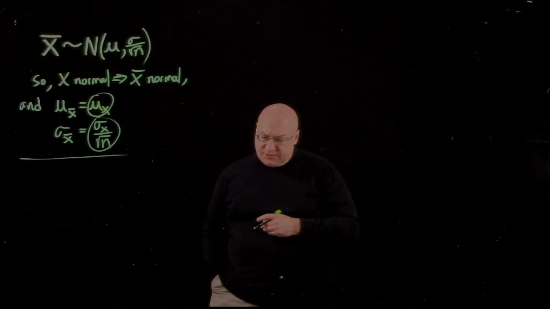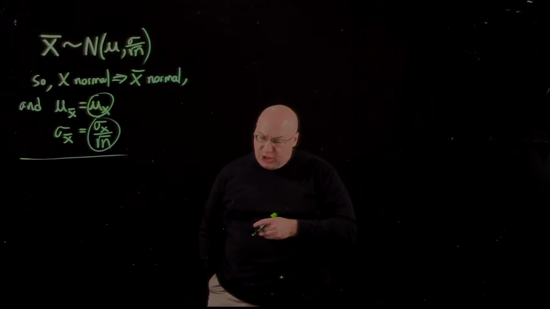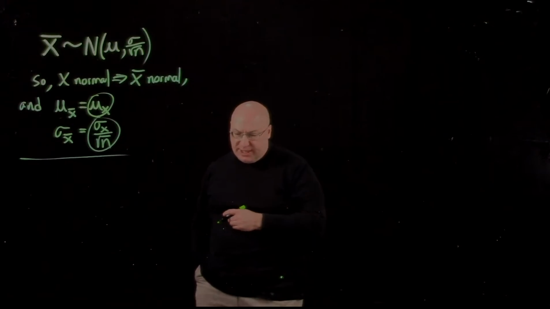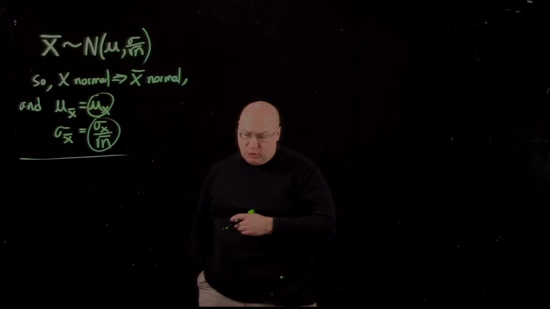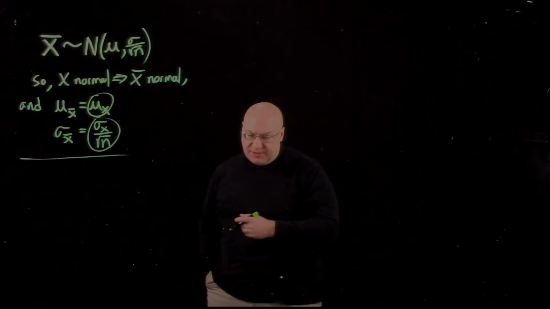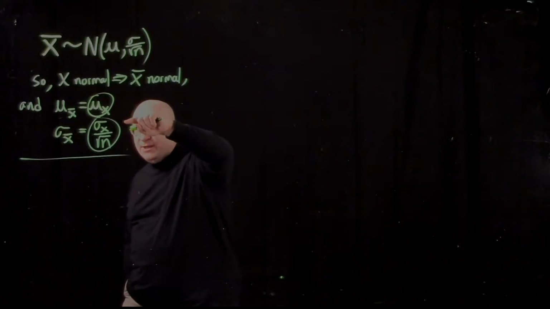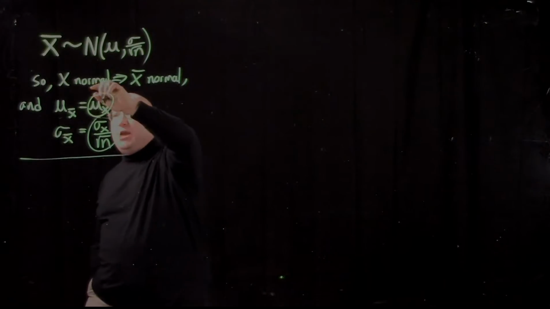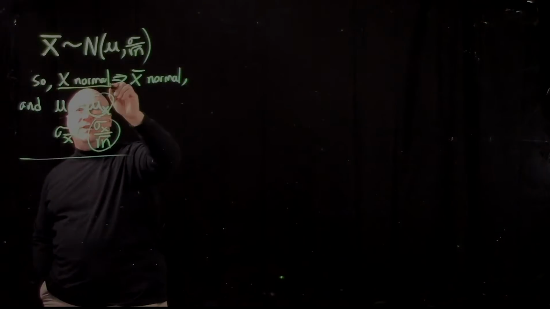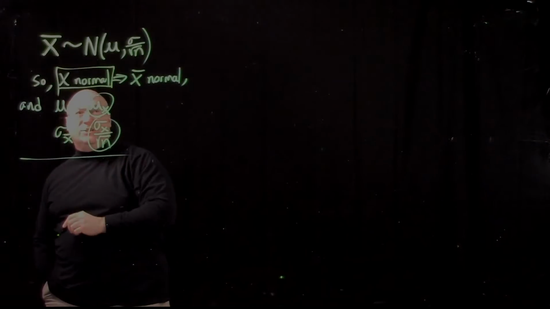Then for large enough sample size n, we can regard the mean x bar as being normal with mean mu and standard deviation sigma over the square root of n. So you get these same conclusions, but we don't have to start with this original assumption.